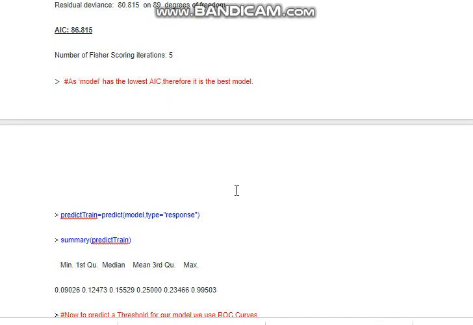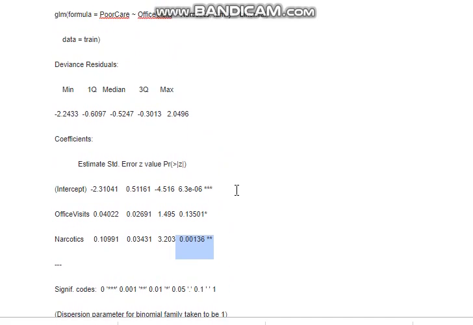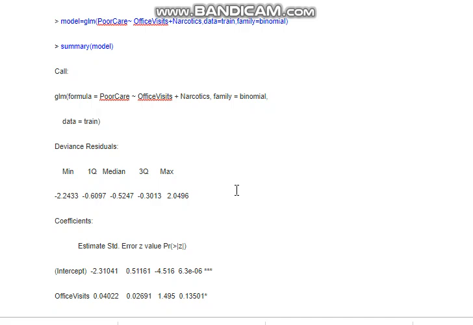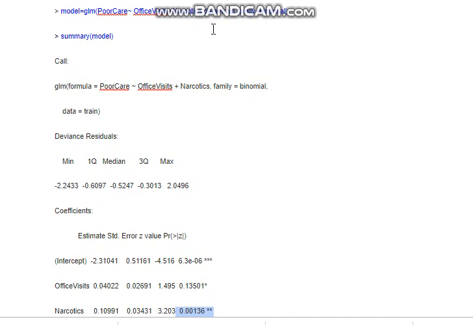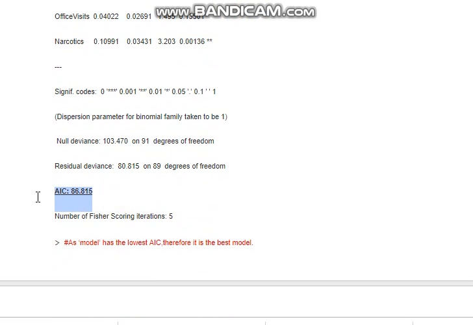Then we select another model which contains office visit and narcotics only. In this case, the p-value is very small for all the terms, and the AIC value is 86.815. So we use this model as it is the best model, with the lowest AIC value.